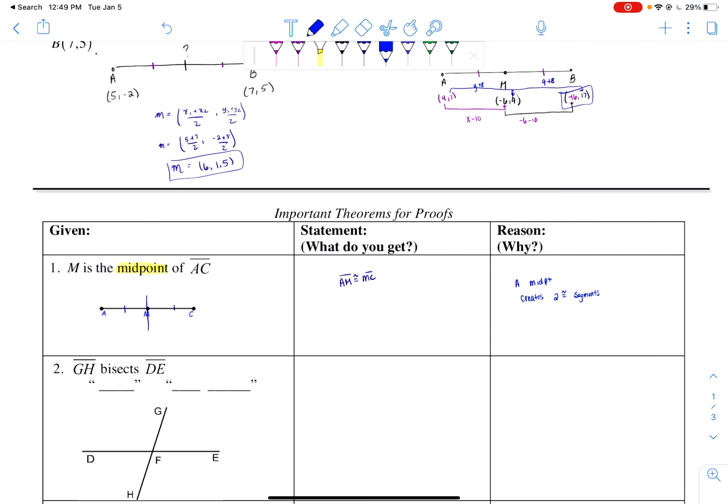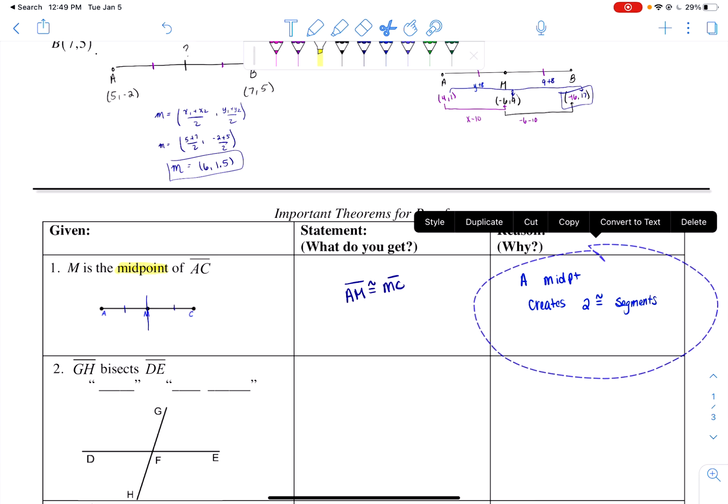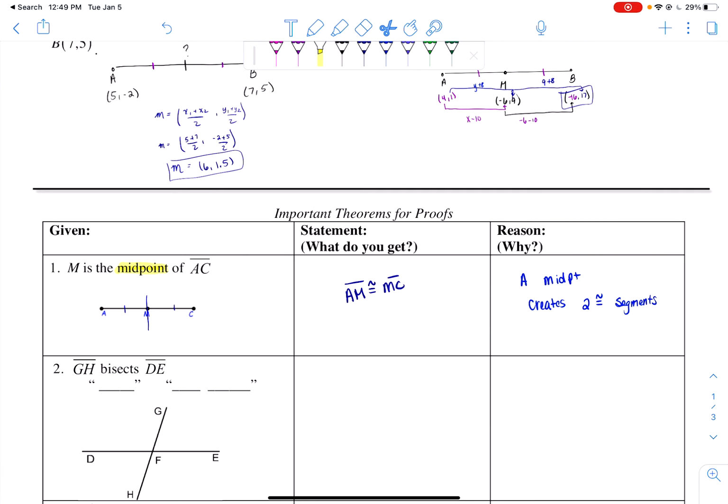And that's all you'd have to write. A midpoint doesn't tell you anything else. It just makes these things happen. So I can say AM congruent to MC, and the reasoning is a midpoint creates two congruent segments.